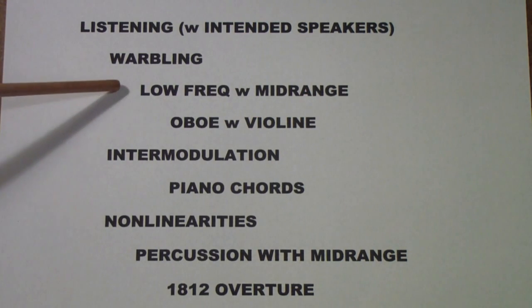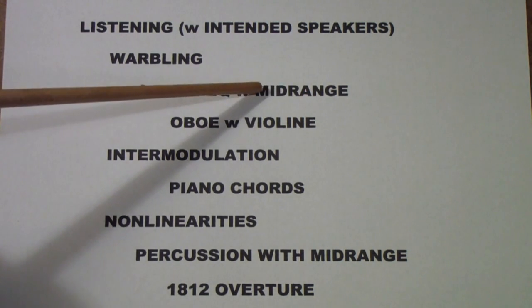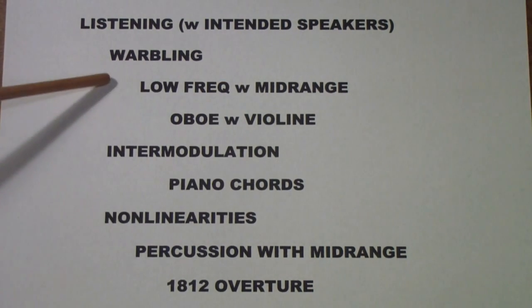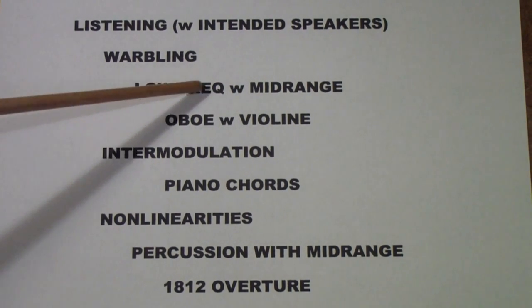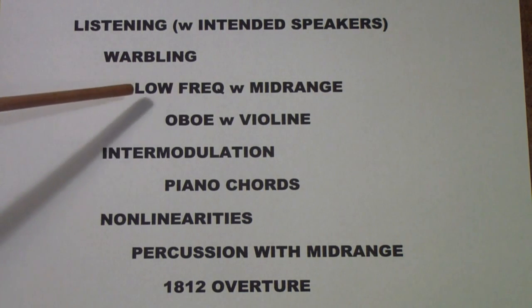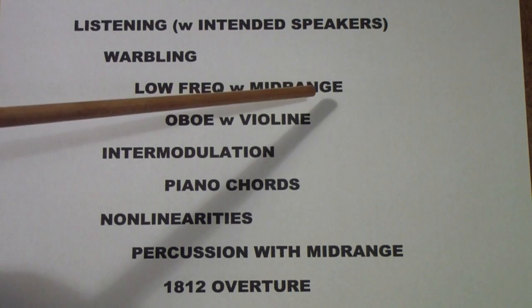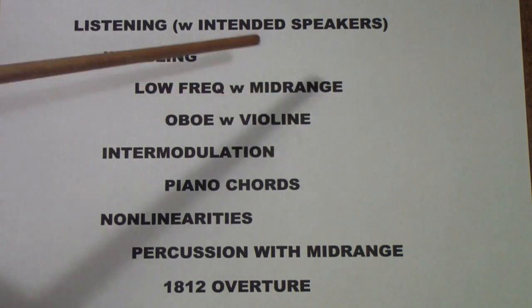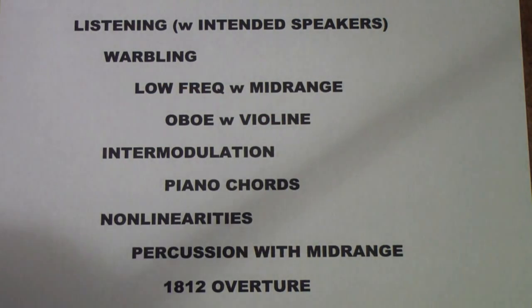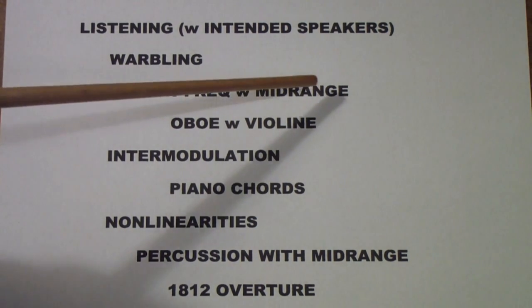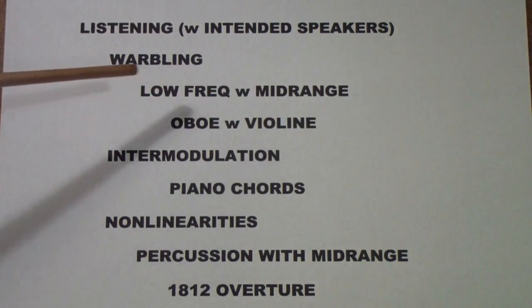modulation. So if you listen to a mid-range, for example, an orchestra, and then a low frequency comes in, let's say an oboe or something of that sort, and all of a sudden the mid-range starts warbling, that is, varying in volume, what you've got is some intermodulation and some nonlinearity in the amplifier.